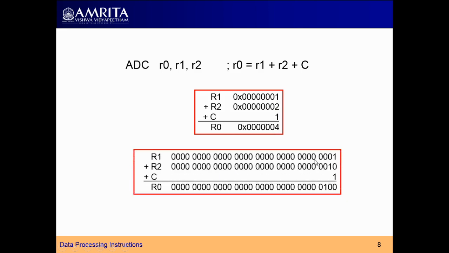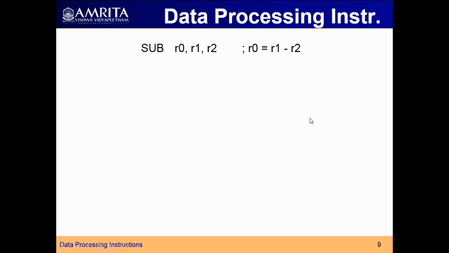This is the binary representation: 0001 plus 0010, which is 2. So here the only difference is that you are adding carry also along with R1 and R2, and the whole result will be taken to R0.